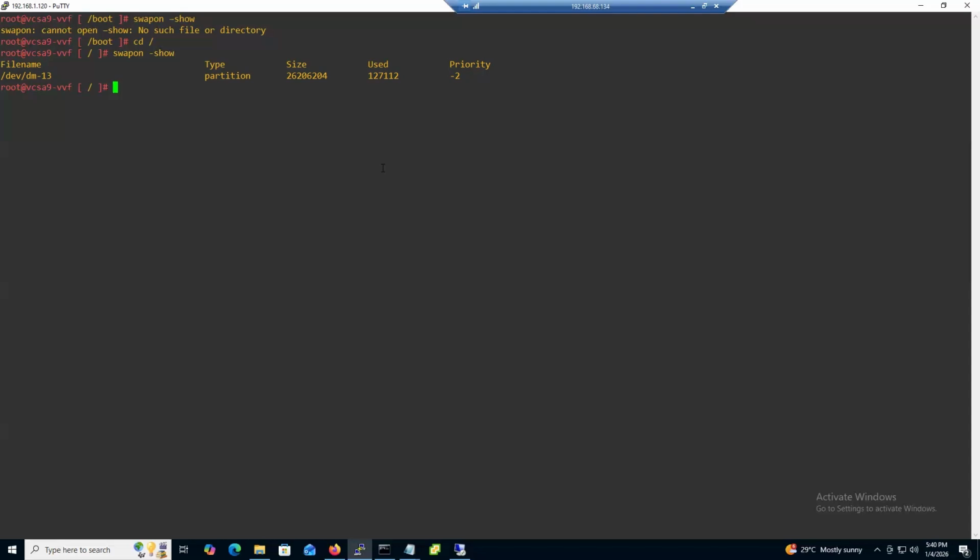But from our vCenter perspective, here we have only one swap partition. The default priority value has been marked here as -2, because in Linux, -1 has been reserved for some purpose. That is the reason this -2 default value got allocated automatically here.